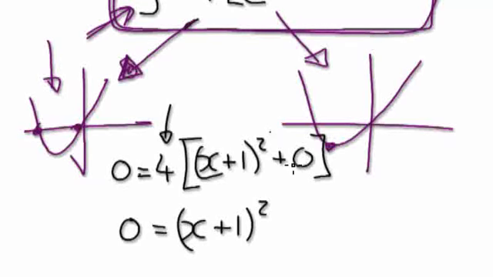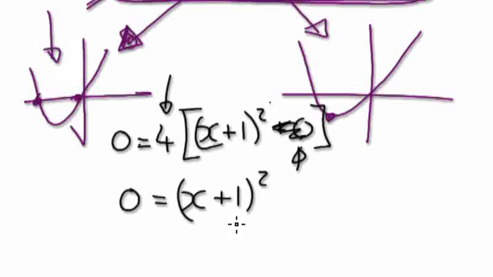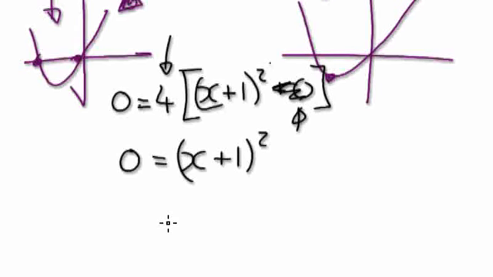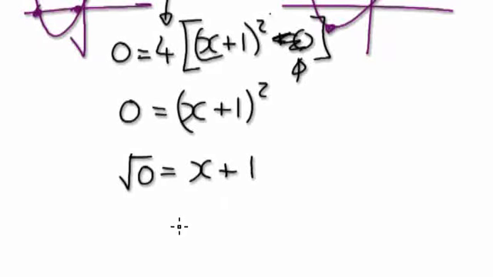Now you square root both sides. Square root of 0 is 0, so this will be x plus 1. Now you take away 1 from both sides, so our normal routine is minus 1 plus or minus root 0.